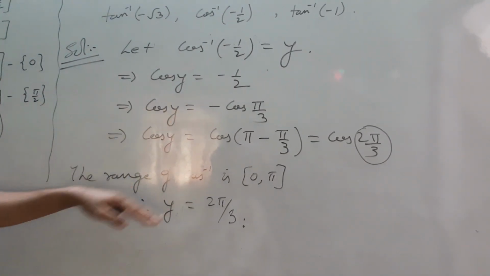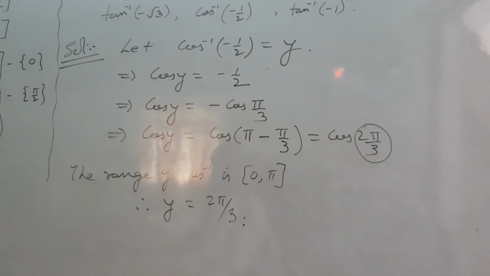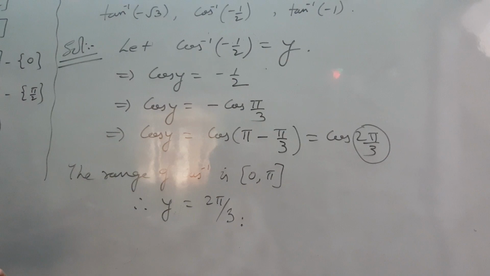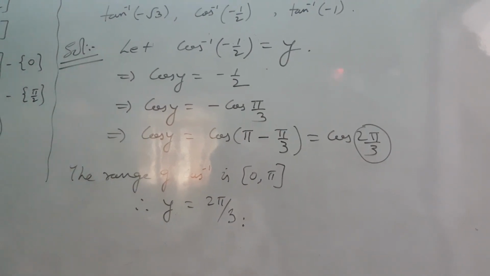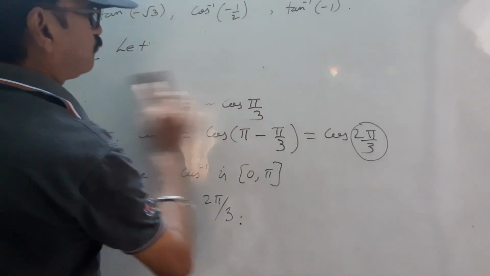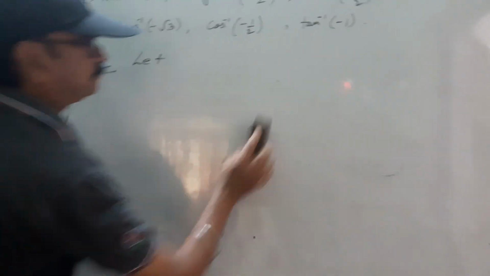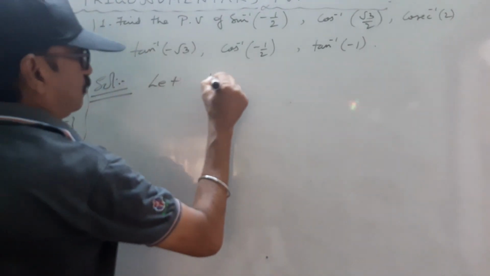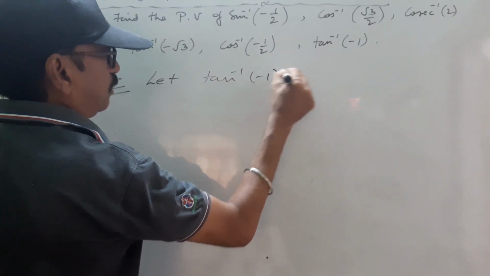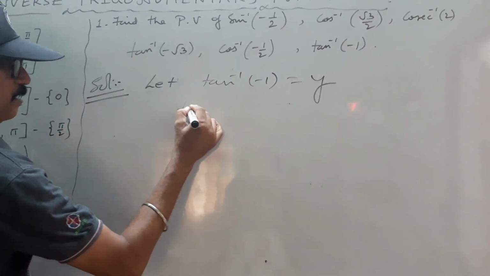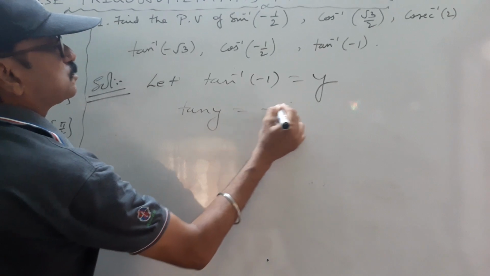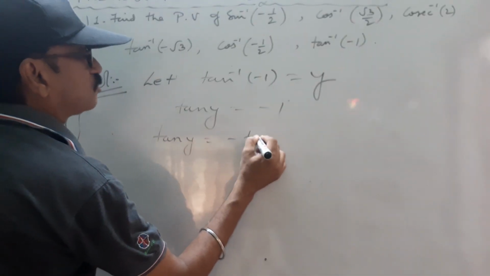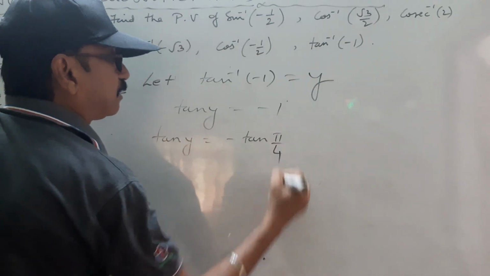So be careful about this range, checking out the range. Now we come to the last question, the sixth one, tan inverse of minus 1. Let tan inverse of minus 1 equal y, tan y is equal to minus 1, tan y is equal to minus tan 45 degrees.